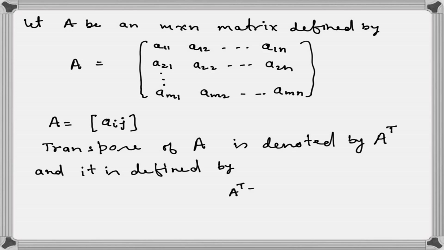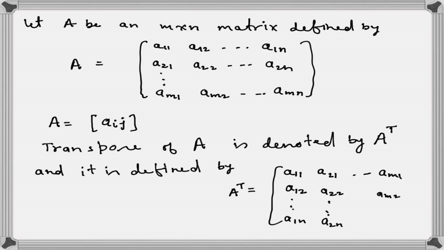That means A transpose is equal to A11, A12, A1n. The first column is replaced by the first row. Similarly, the second column is replaced by the second row, A21, A22, A2n, Am1, Am2, Amn.